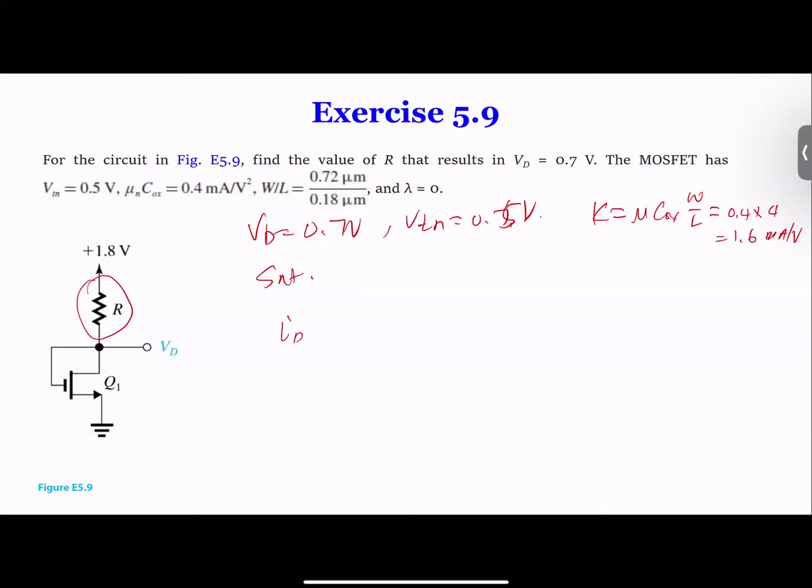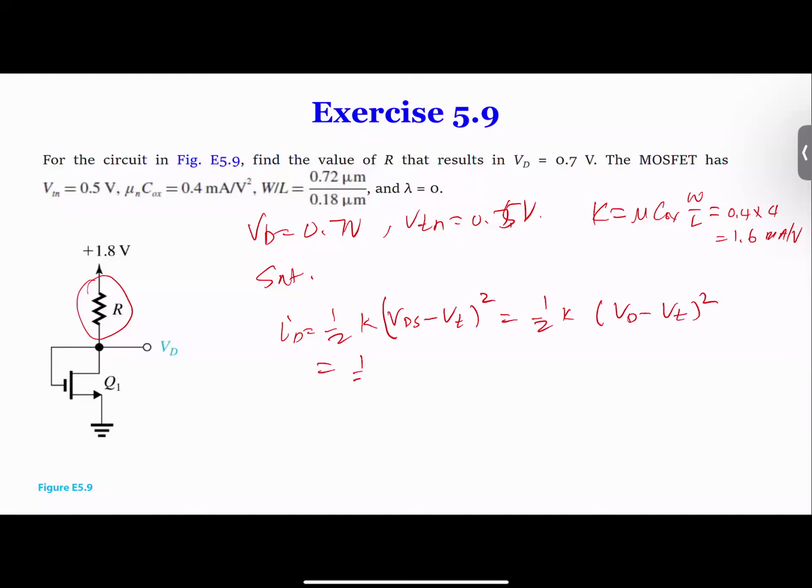And then we have ID equal to 1/2 K times (VGS minus VT) squared. Because VGS is the same as VDS, we're just going to have 1/2 K times (VD minus VT) squared.